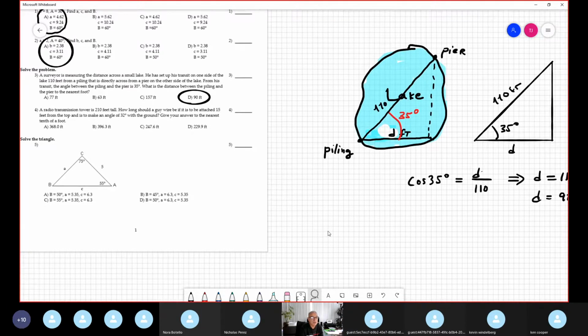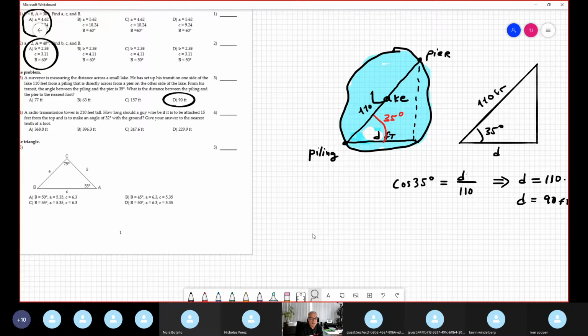The information given is the distance between Peeling and Pier, 110. Now, directly from his transit, the angle between the Peeling and Pier is 35. Okay. What is the distance between Peeling and the pier to the near foot?